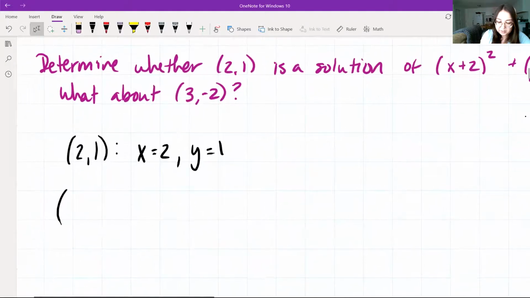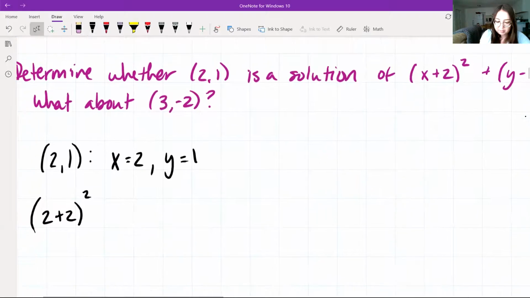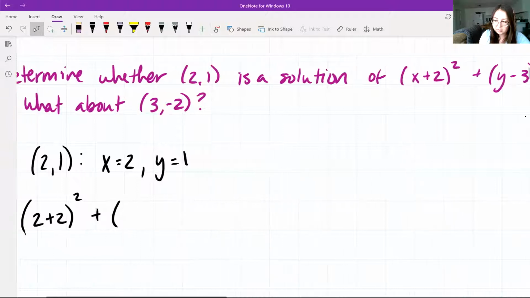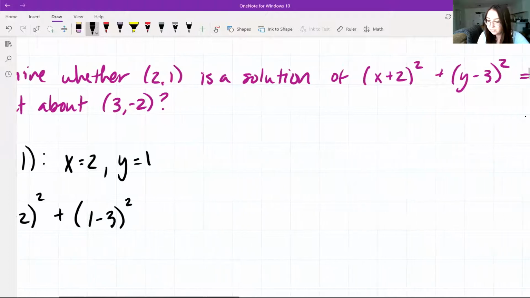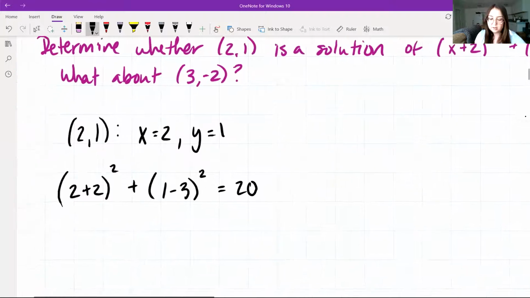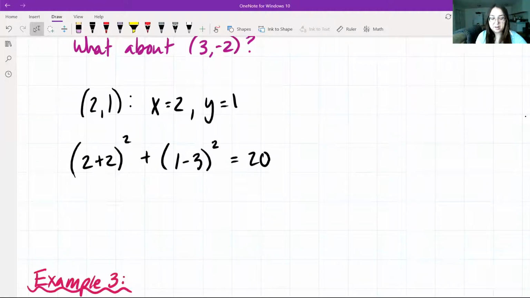For x, we have 2, so this will be (2 + 2)^2 plus (y - 3)^2, so (1 - 3)^2. And we're seeing if it's equal to 20. So now we can continue computing our equation here. So we have 2 plus 2 is going to be 4 squared, plus 1 minus 3, that's going to be -2 squared, equal to 20.